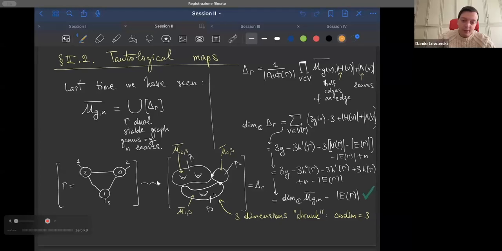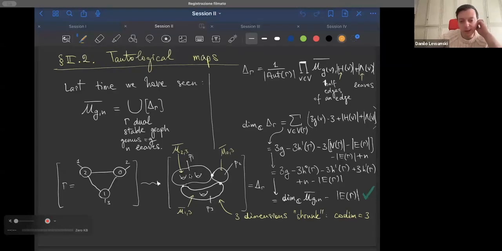And the total arithmetic genus of this thing is given by the sum of all the genera of the labels of the vertices. And moreover, you need to add the genus of the graph. So here you have genus 1 for the graph, plus 2 and plus 1. So 2 plus 1 plus 1 is 4. And this is in fact in M4,3 bar.